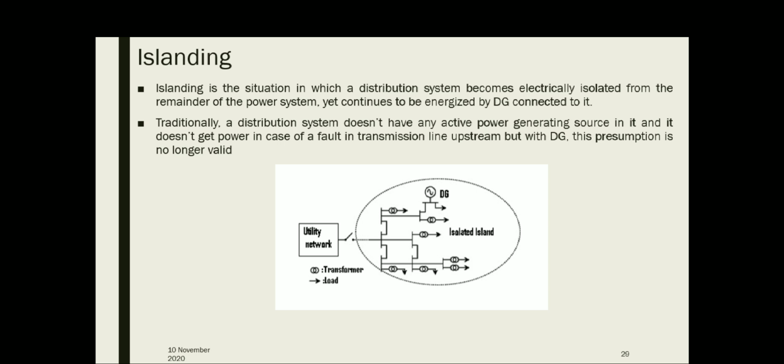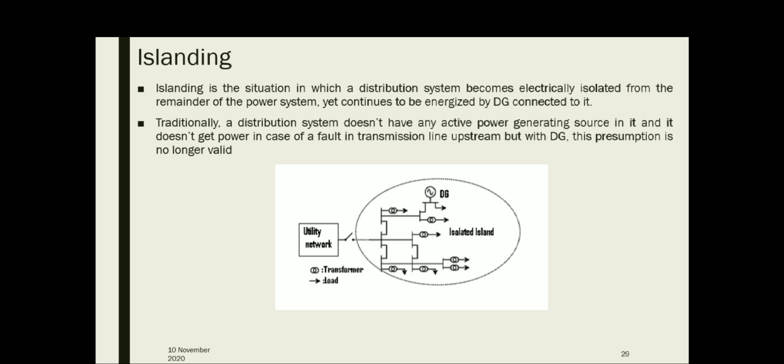So traditionally a distribution system doesn't have any active power generating source in it, and it doesn't get power in case of a fault in a transmission line upstream. But with DG present in it, this presumption is no longer valid.